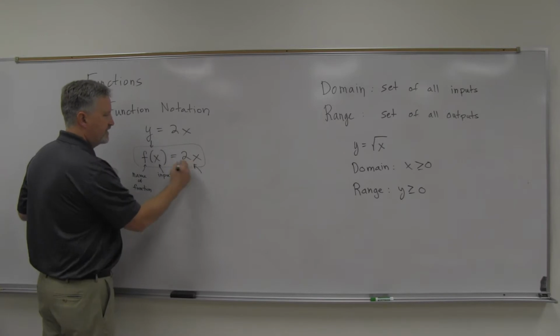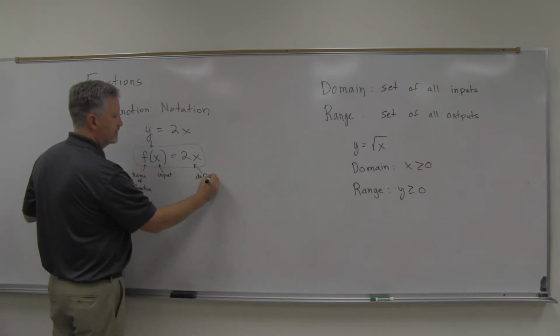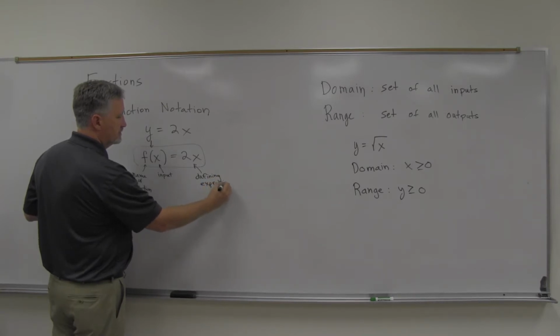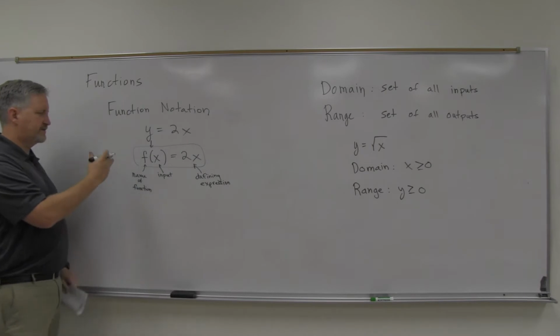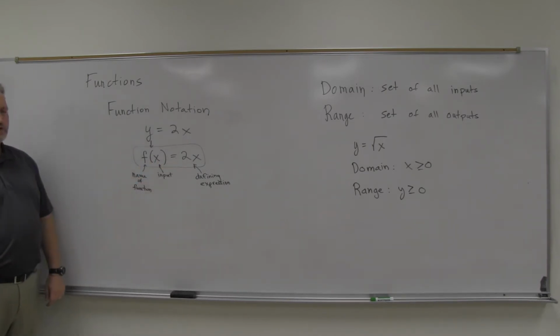So this right here defines the function. So in this particular case, our function f of x is 2x. Okay? And of course that will vary depending on the type of function we have.